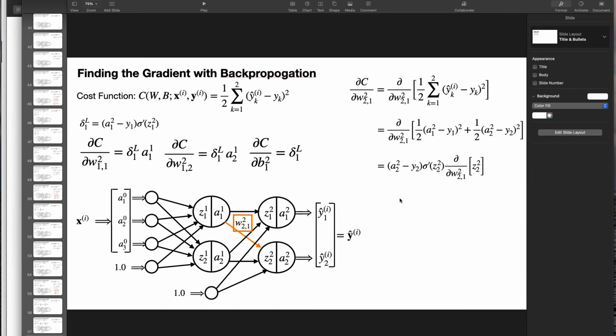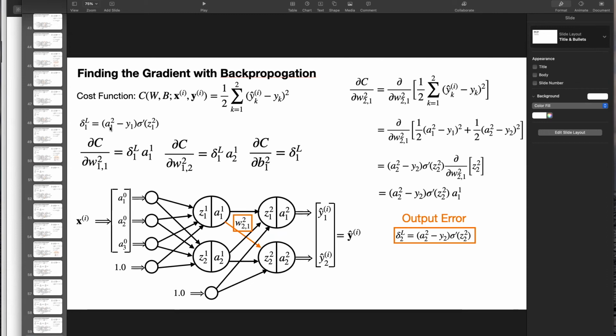Now the coefficient in this case would be A1, because A1 is traveling along that edge. When I say traveling, I mean A1 times that value on the edge plus the bias. But now we have a different output error. Notice the 2s; the other output error was the 1.